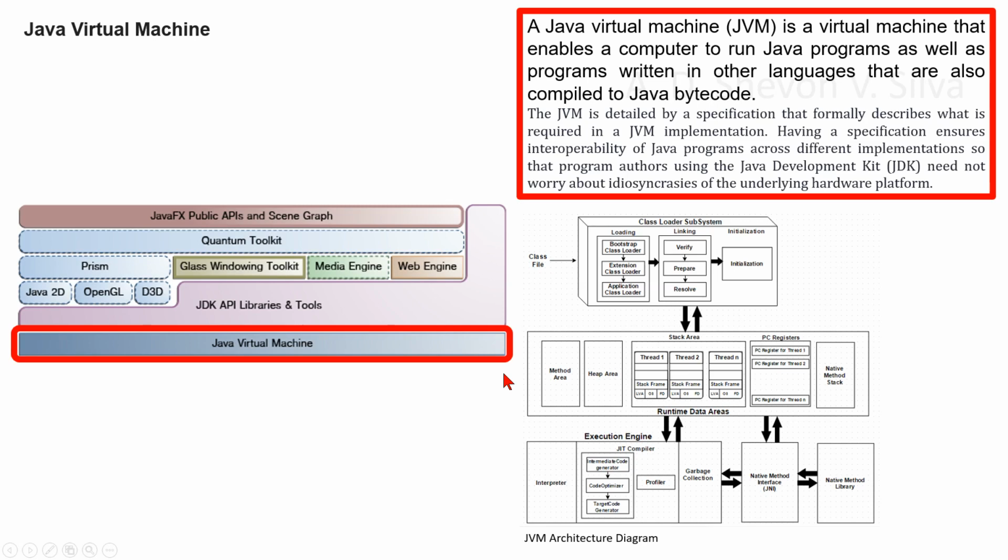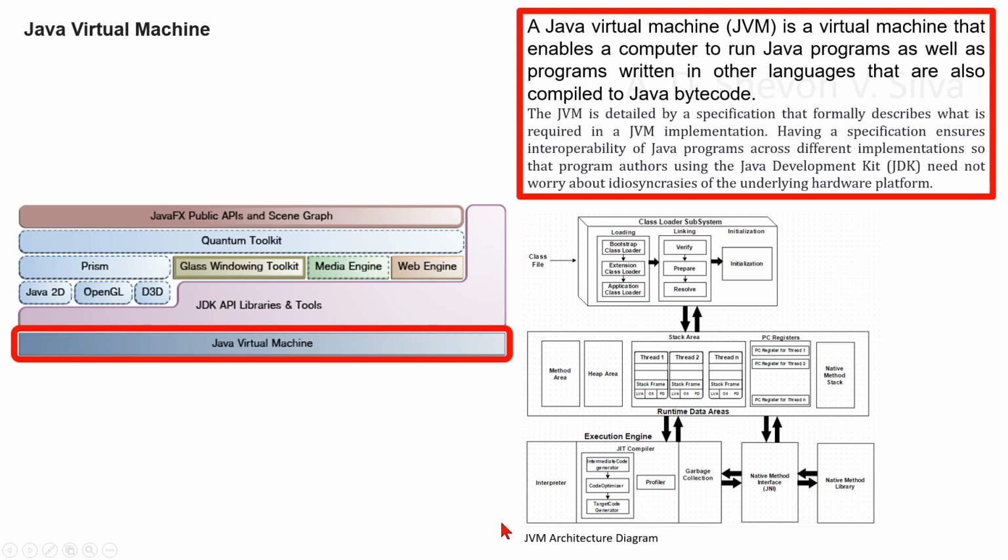Having a specification ensures interoperability of Java programs across different implementations, so that program authors using the Java Development Kit, JDK, need not worry about idiosyncrasies of the underlying hardware platform.